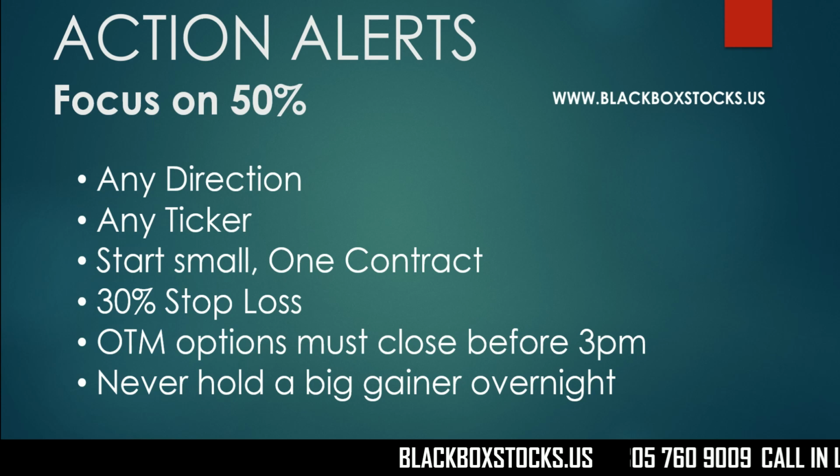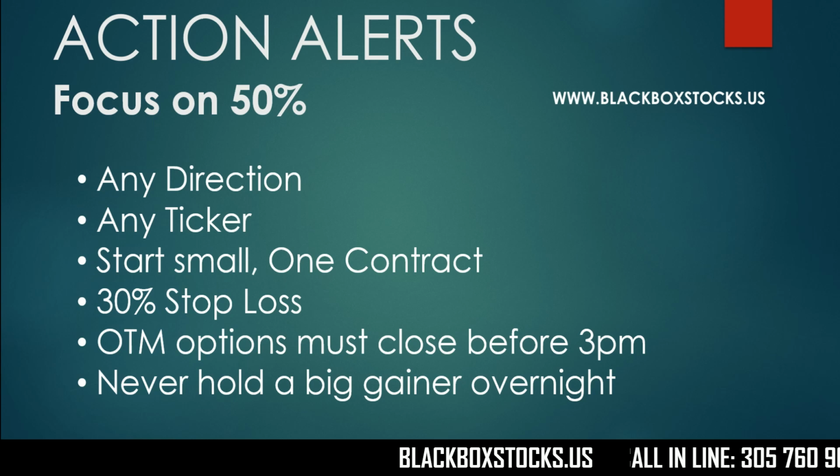So again, the action alerts, we're going to focus on only going into alerts that are up 50%. Yes, we are only going to focus on alerts that hit 50%. That's any direction, put or call, any ticker.